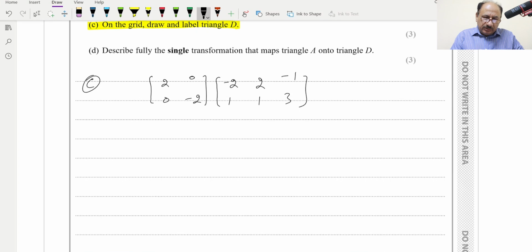Now we have to multiply this one, first row first column. If we multiply 2 with minus 2 will be 4, and 0 with 1 will be 0. Next will be first row second column, so it will be 2 with 2 will be 4, and 0 with 1 will be 0. And then first row third column, so it will be minus 2, and next will be 0.